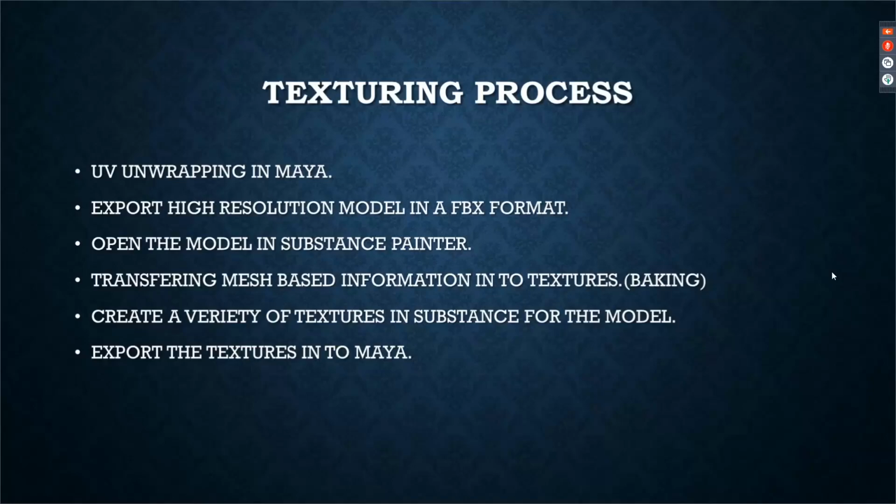One mesh will be low poly, another mesh will be high poly. Both meshes we are going to bake in Substance Painter, and we are going to create a variety of textures in Substance Painter, and finally export the textures into Maya. Then we will render that with a basic lighting setup in Maya with the Arnold render engine. Okay, that is the flow of the session.